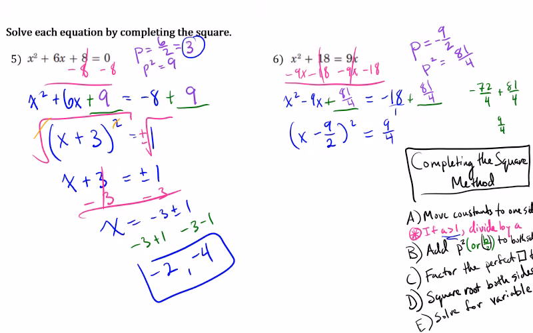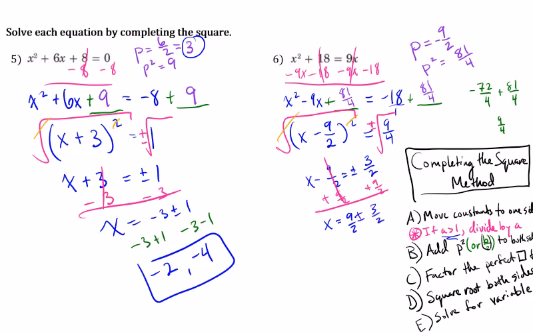Now we take the square root of both sides, plus or minus. The square and the square root cancel out, so we end up with x minus 9 over 2 equals plus or minus, and the square root of 9 over 4 can be simplified. The square root of 9 is 3, so 3 goes on top. The square root of 4 is 2, so it becomes plus or minus 3 over 2. Now I'm going to add 9 over 2 to both sides, so we end up with x equals 9 over 2 plus or minus 3 halves.